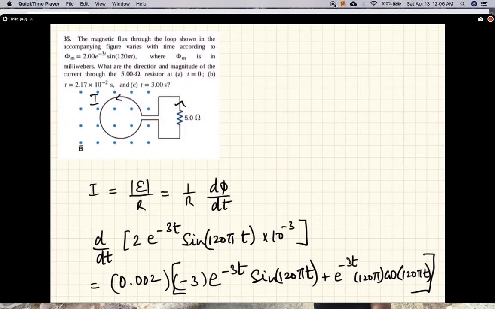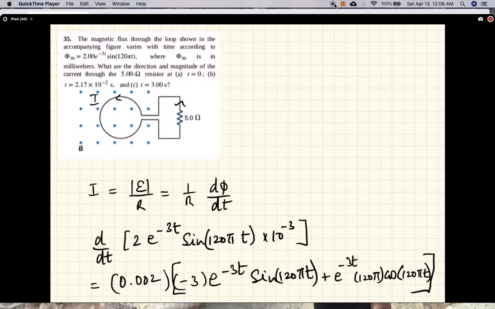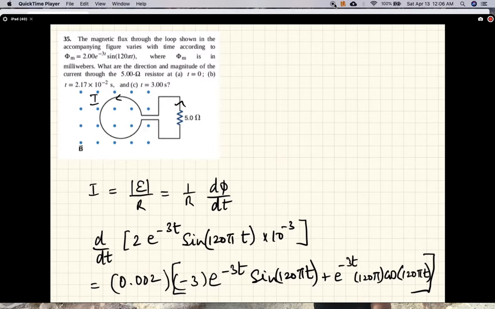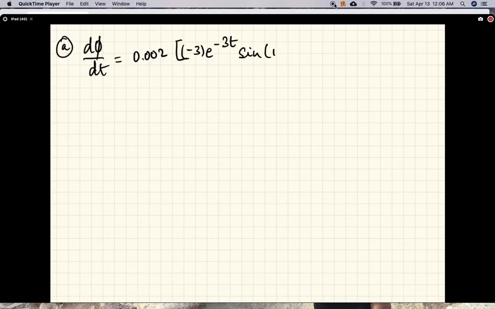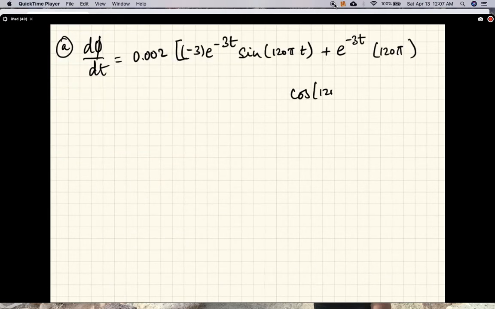We'll do part A. dphi by dt is 0.002 times minus 3 e to the power minus 3t sine 120 pi t, plus e to the power minus 3t times 120 pi cosine 120 pi t.